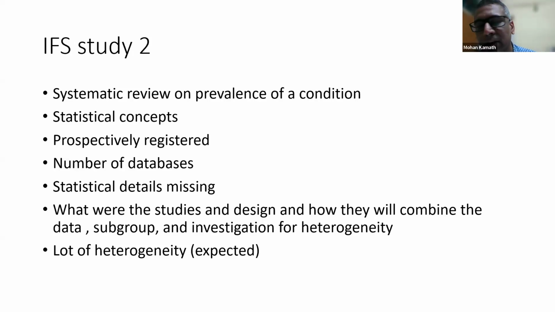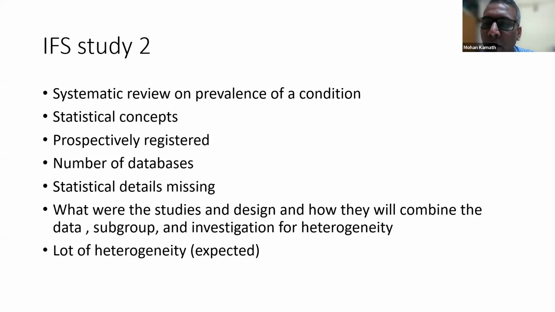They have actually registered prospectively, and I'm not sure if Richa spotted that. Do you think you found where it was registered, where was the number? If you look closely at the last part of the abstract, there is something called registration, and there you can see that. Just like randomized trials, which we register prospectively with a protocol in the public domain, similarly for systematic reviews we should have a protocol registered.